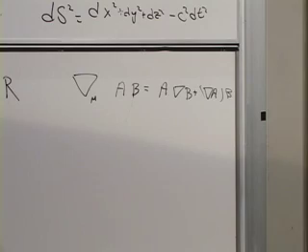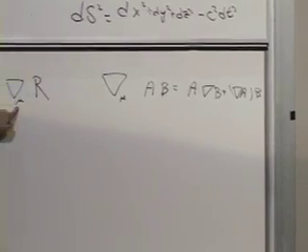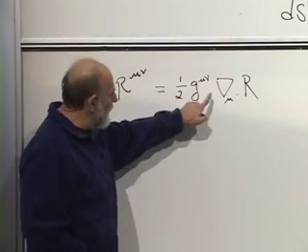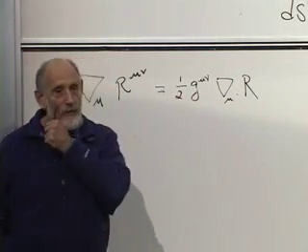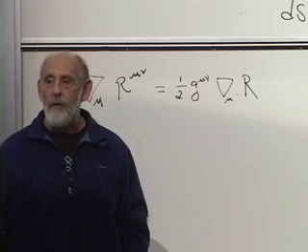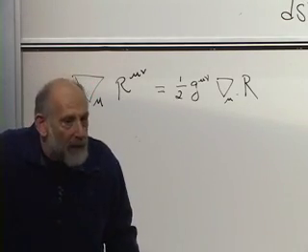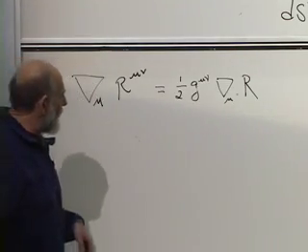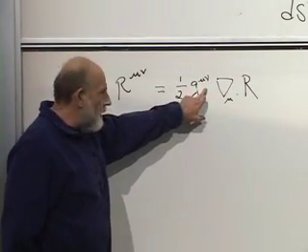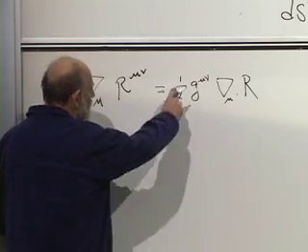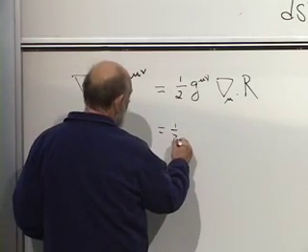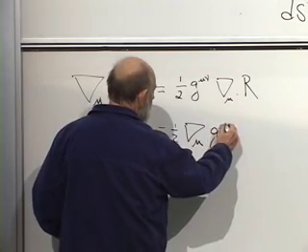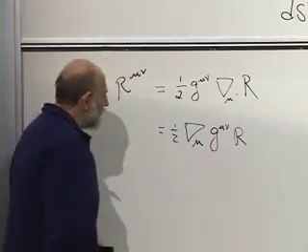So now we look at this over here, number 1, and we say, wait a minute. Remember the fact that the covariant derivative of the metric tensor is 0. The covariant derivative of the metric tensor, with upper or lower indices, it doesn't matter where you put the indices, is 0. So you can also write this as 1/2 the covariant derivative of g mu nu times R. Why is that?